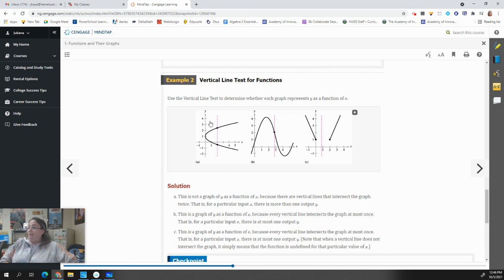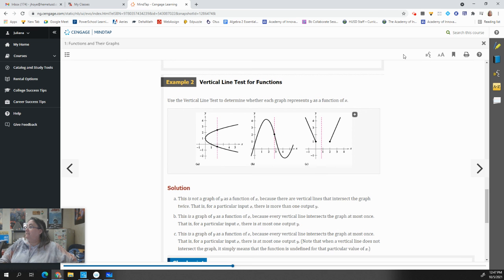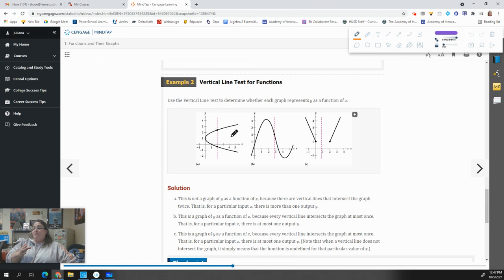So if I drop a line anywhere in here and it hits at more than one spot, like here, it hits right here and it hits right here, it's saying that this X value has a Y value at -1 and a Y value at, I don't know, about 2.5, right? And every X value can only have one Y value in a function.